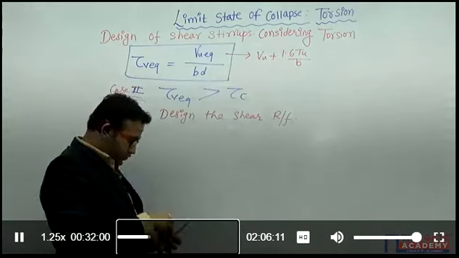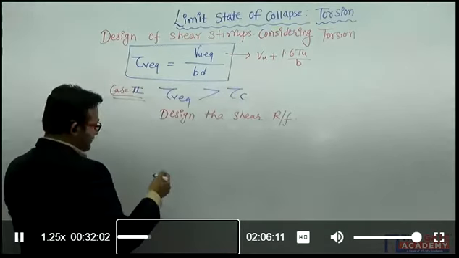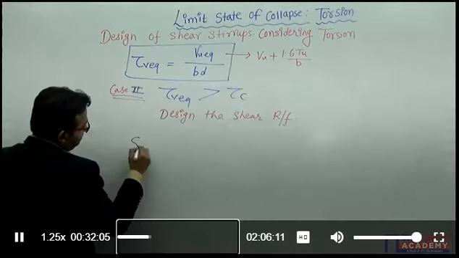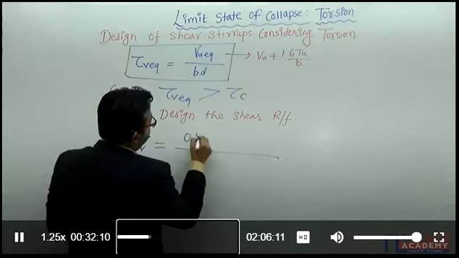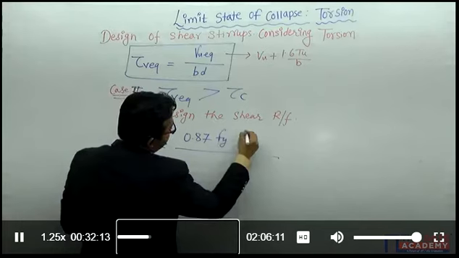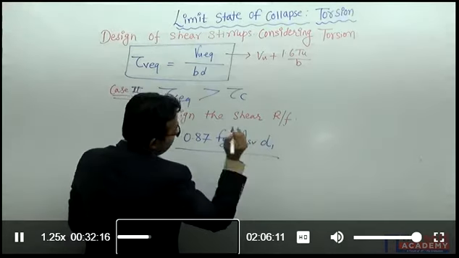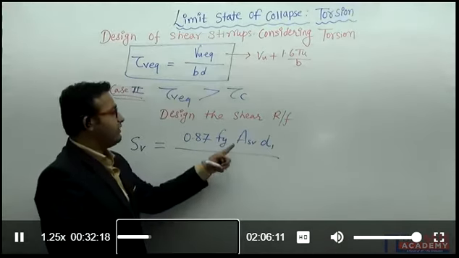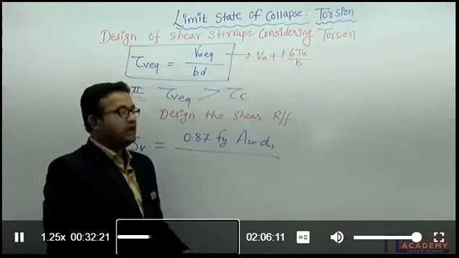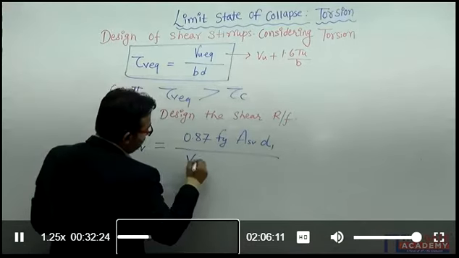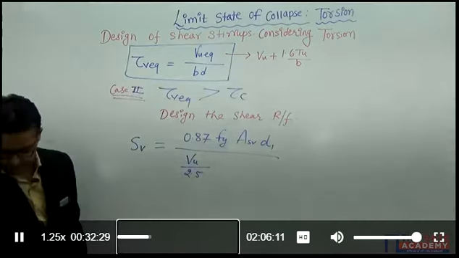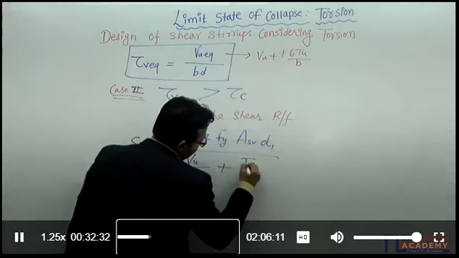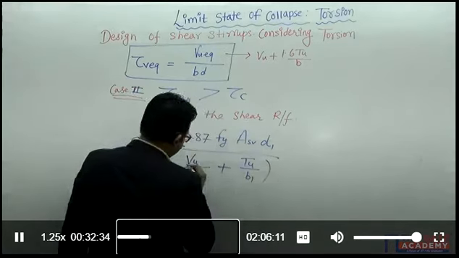How to design? In this way we can design the spacing. We can calculate it as 0.87 Fy ASV D1 divided by (Vu divided by 2.5 plus Tu divided by B1).